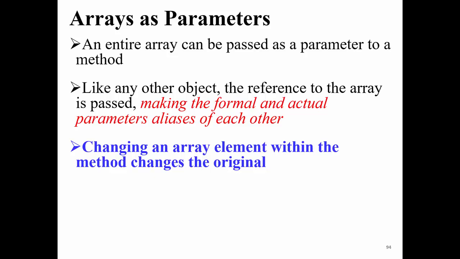Some people call this by reference, not by value. When you send the array to the method, you do not make a copy of this array and send it. No, you send where this array is stored in your memory, so the method has access to the original elements of the array. And if the method changes the element of the array, it will change the original ones.